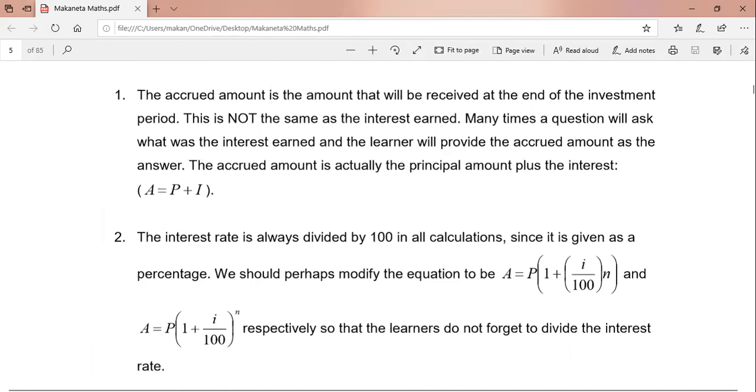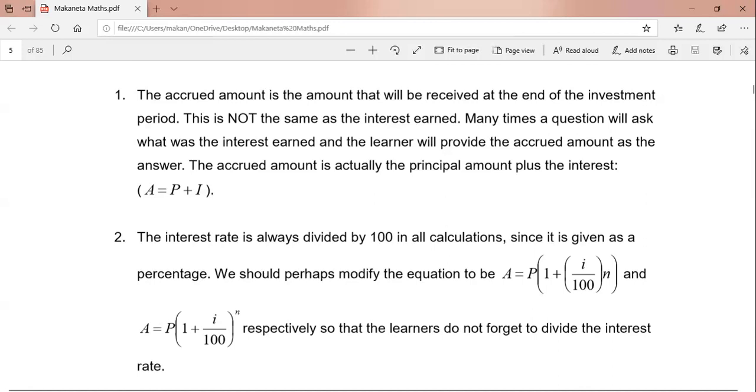Once more, I want you to remember the importance of the interest rate, that you must always divide the interest rate by 100. In all calculations, you must divide by 100 to avoid mistakes. I gave you the example of the 7.5%, and I said there are learners who sometimes come to a misconception of just inserting 7.5 as it is.